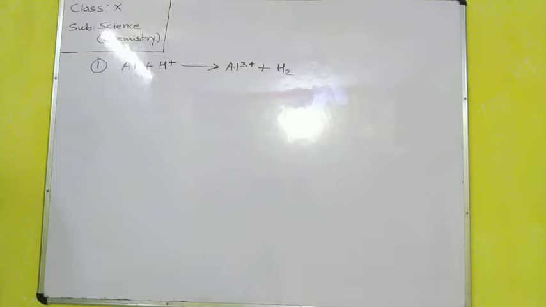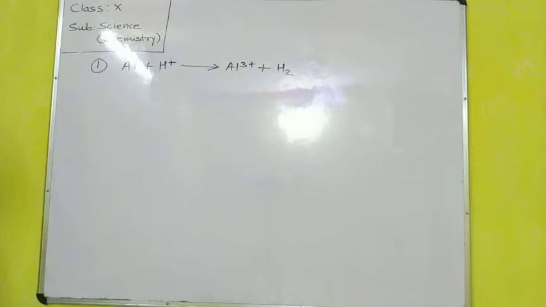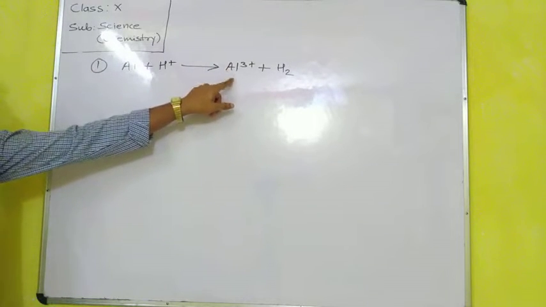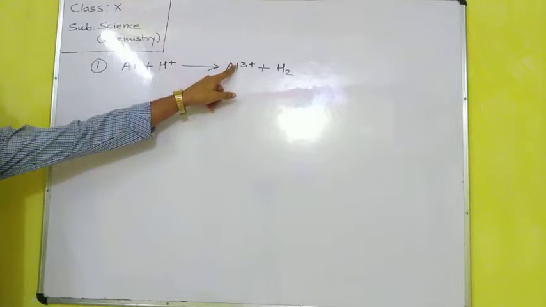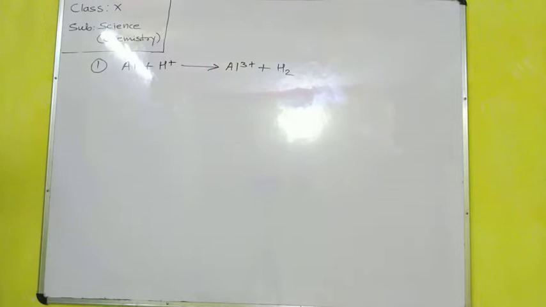First we have to balance the number of aluminium atoms. Here one atom of aluminium is present, and here also one atom of aluminium is present. The number of atoms of metal in the reactant is equal to the product.